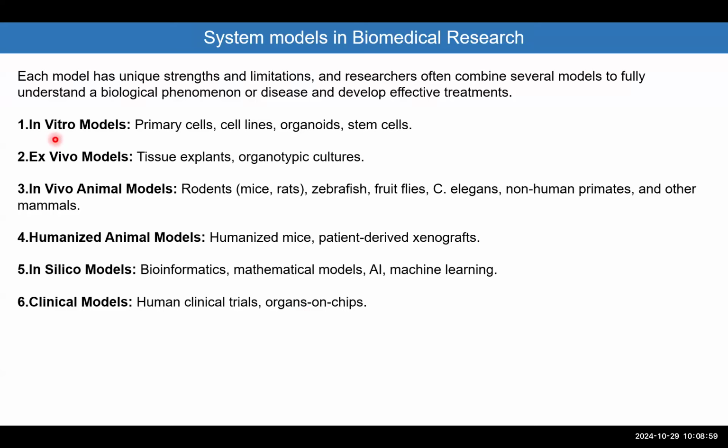The first part of these models is that if you want to study a gene or a disease, the first thing you need is an in vitro model, which is the primary cells or the cell lines or the organoids. So you will do a lot of in vitro studies, and these are the in vitro models that we use.